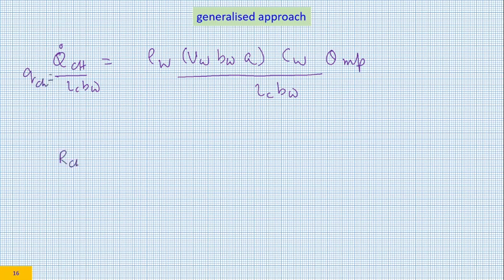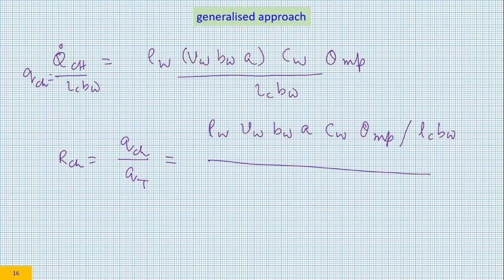What is RCH? RCH is QCH divided by QT, which is rho W, VW, BW, A, CW, theta MP divided by LC into BW, whole thing divided by UG into BW, VW into A. This multiplication is nothing but grinding power, that divided by LC into BW.